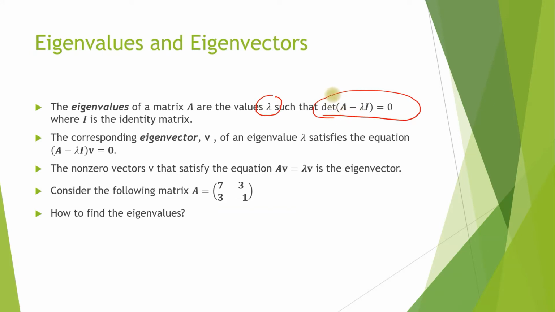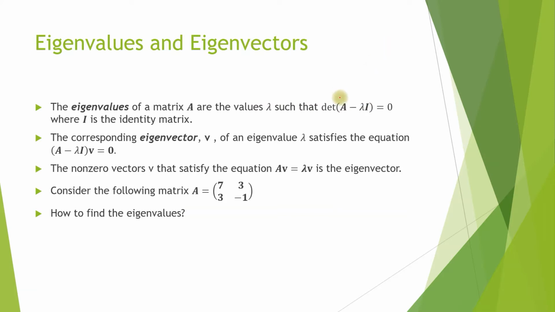So our first step is to know what our matrix A is, all right? And then we will need to know what the identity matrix is, which we all know. And then we will need to find the lambda from that equation by setting the determinant to 0. So let's have a look at an example to illustrate that.